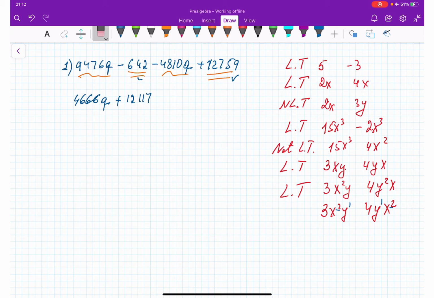Question number 2. What do we have? 6y minus twice y minus 1 plus 3.